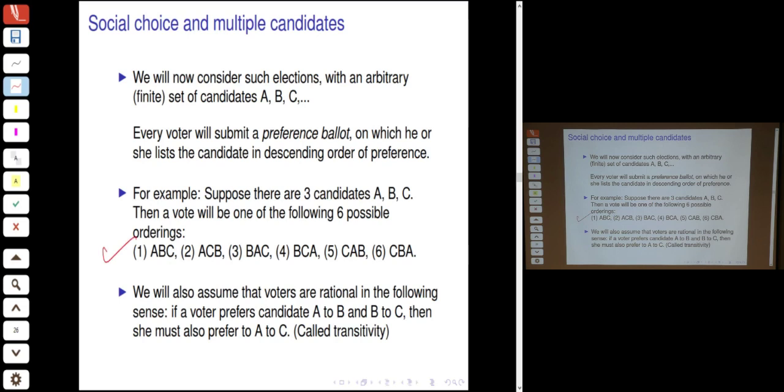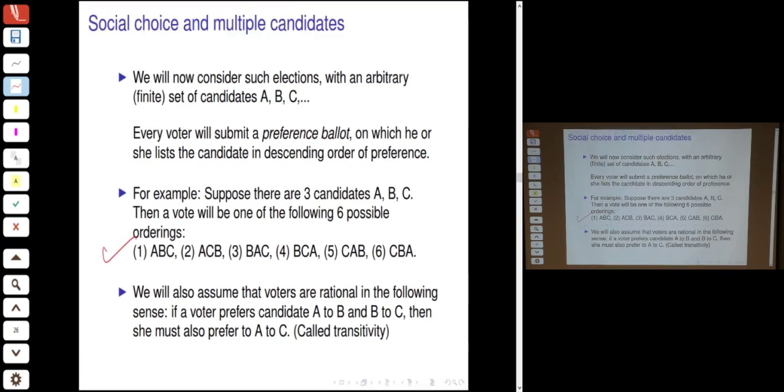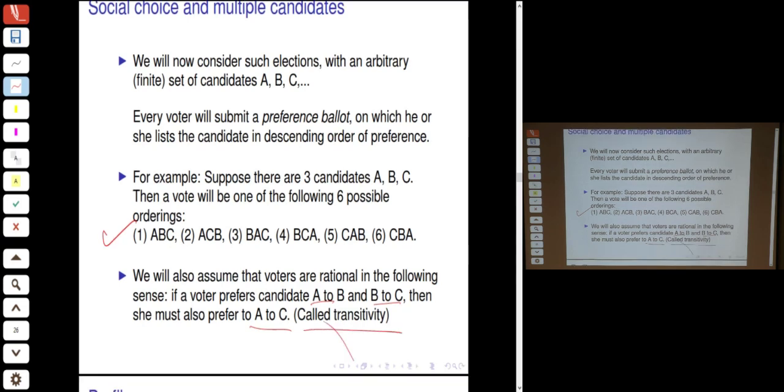And a vote for an individual voter will be in favor of one of these 6 possible preferential orders among the 3 candidates. And we will also assume that voters are rational in the following sense. If a voter prefers A to B and B to C, then she also must prefer A to C. This is a rational assumption on the voter, and it's called transitivity.